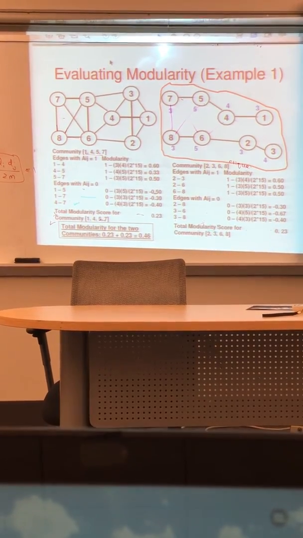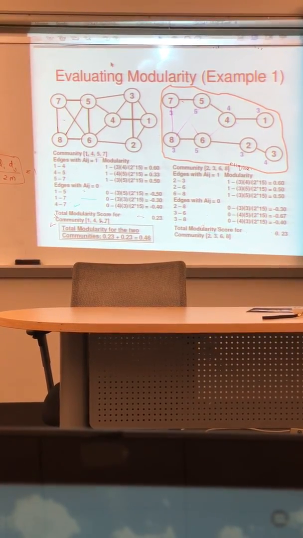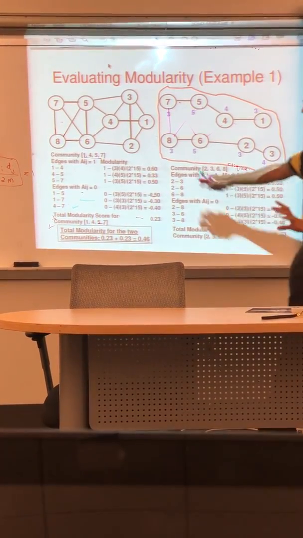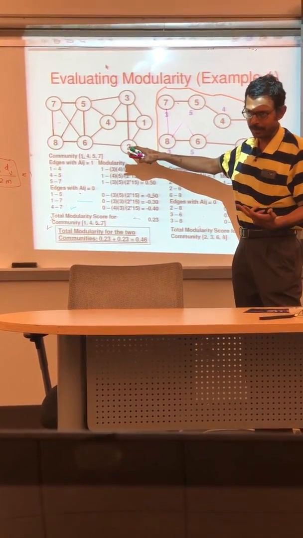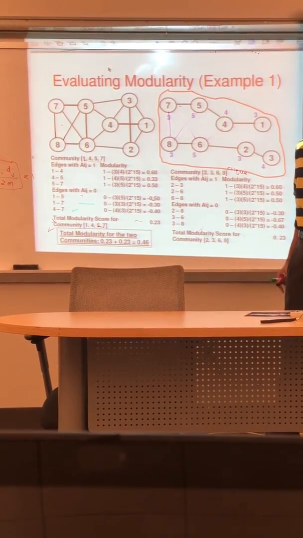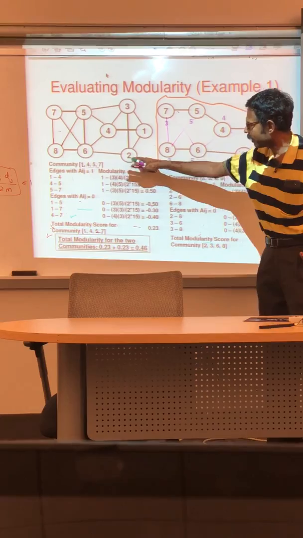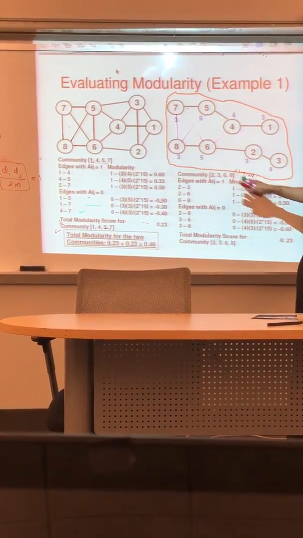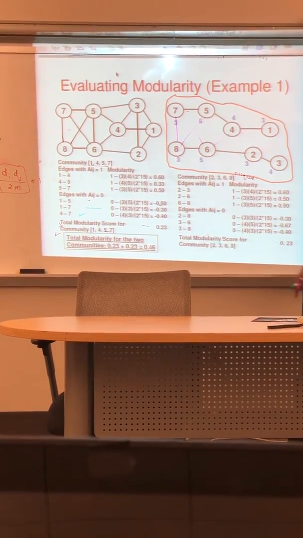Okay, so that is how you could evaluate how good a partitioning of a graph into communities is. Now, what is the use of this? Okay, so this is the same graph we did consider, right? As I said, there are different algorithms out there to do community detection. One algorithm says, okay, this is the partitioning: 1, 4, 5, 7 is one community, 2, 3, 6, 8 is another community.